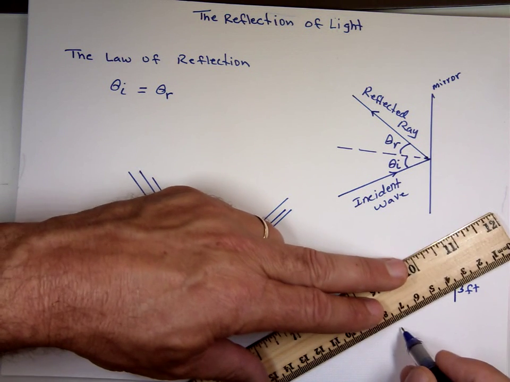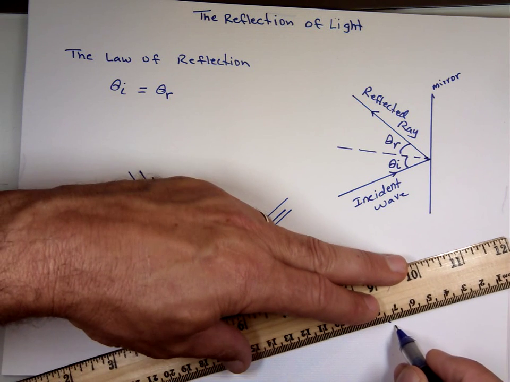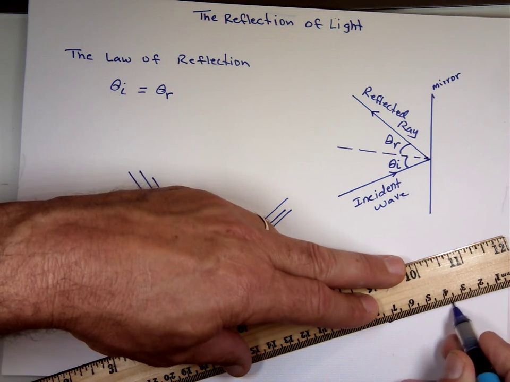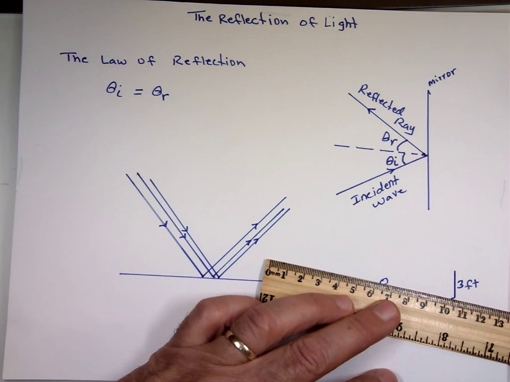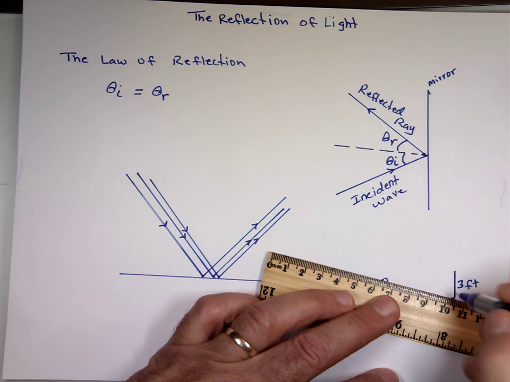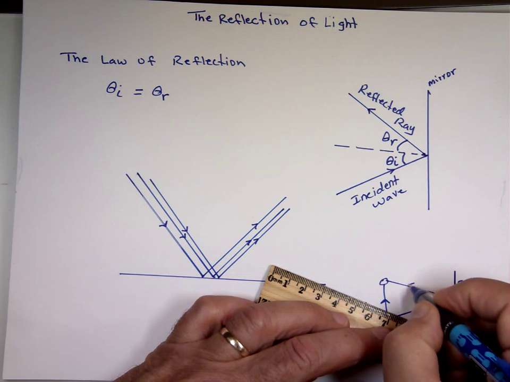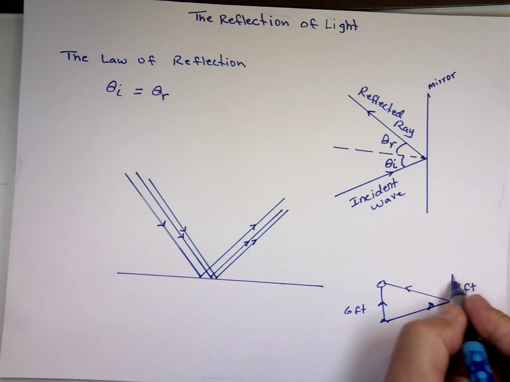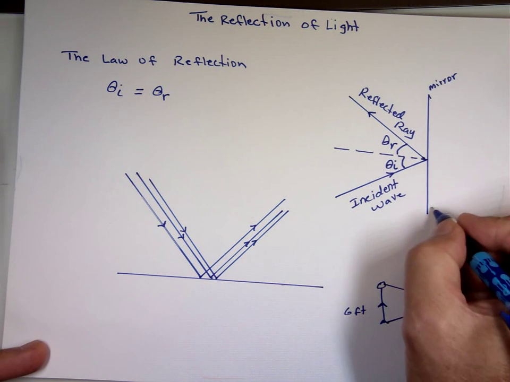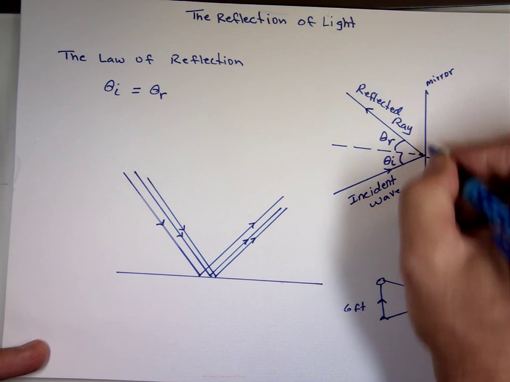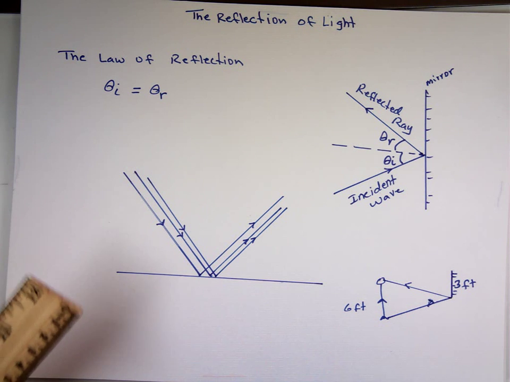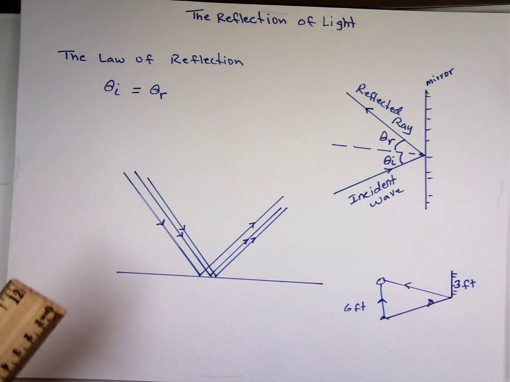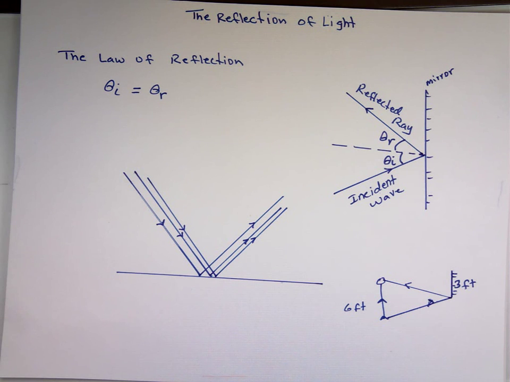Because you want this ray to hit the bottom and reflect directly to your eyes, or your head there, right at the top. So this is the mirror here, the yucky side of the mirror here. But the incident angle will always equal the reflected angle.